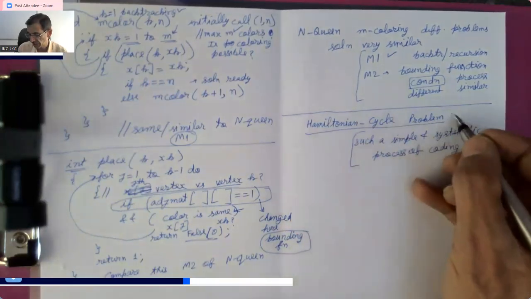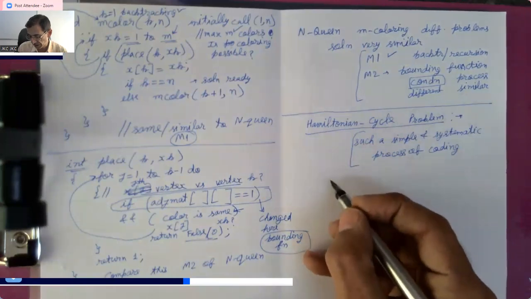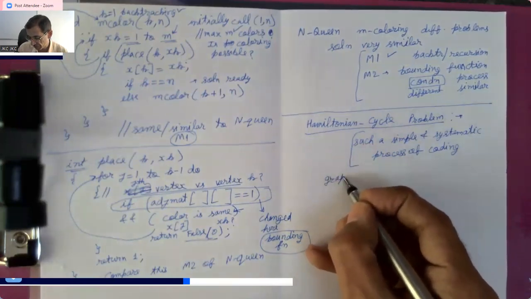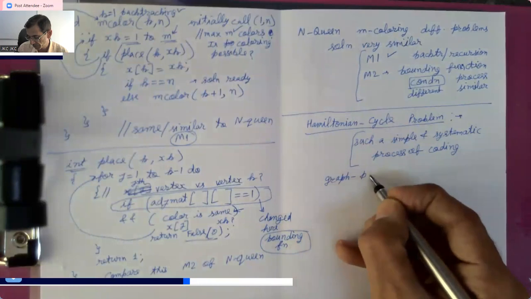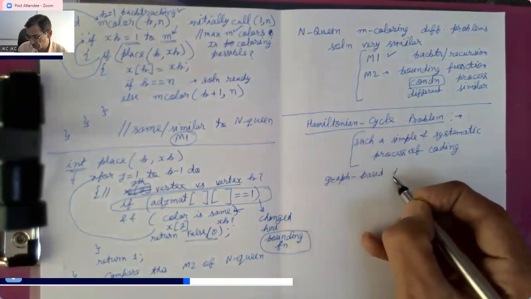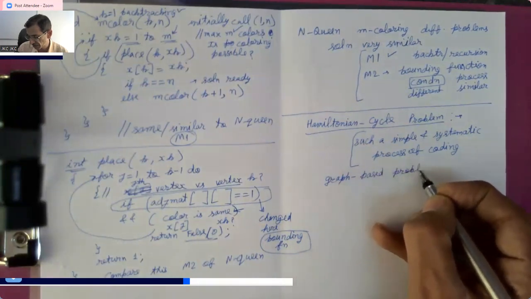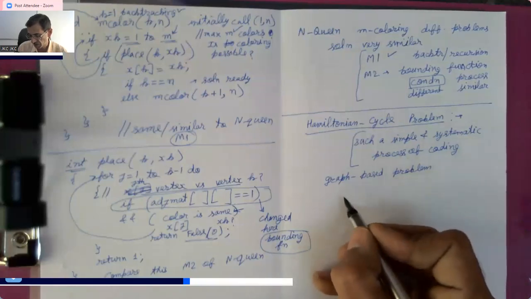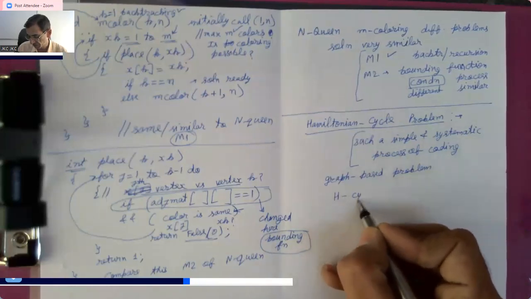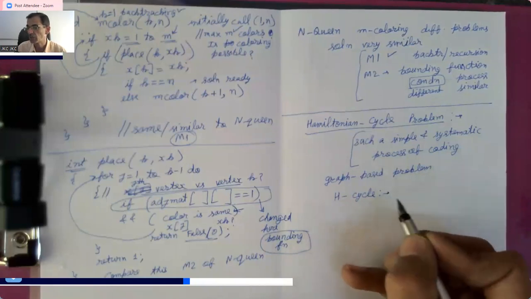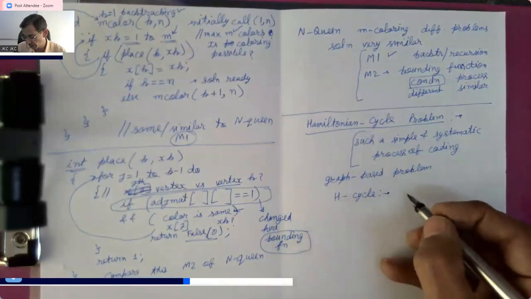Talking of the Hamiltonian cycle problem, we should know that it's a graph-based problem. In it, we are supposed to find whether a graph has a Hamiltonian cycle or not. What is a Hamiltonian cycle? Say the graph has n vertices.